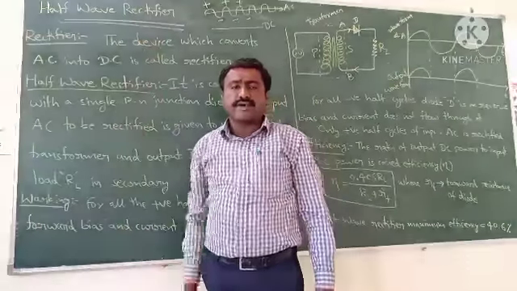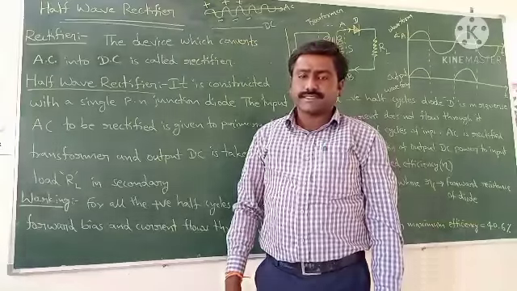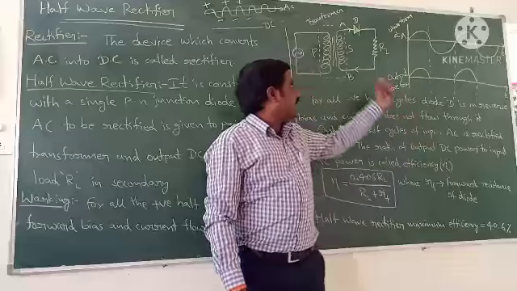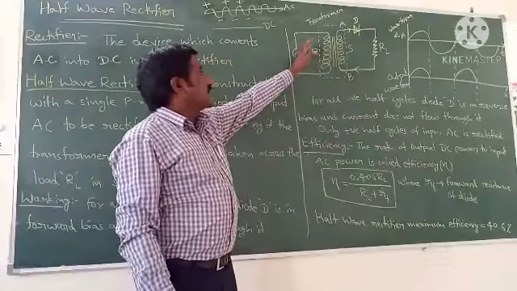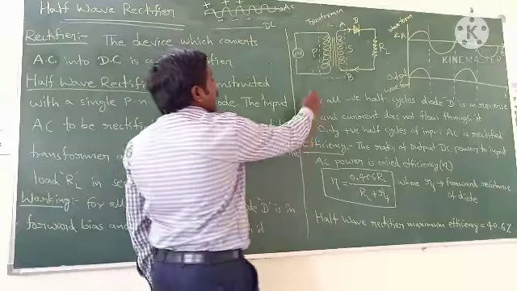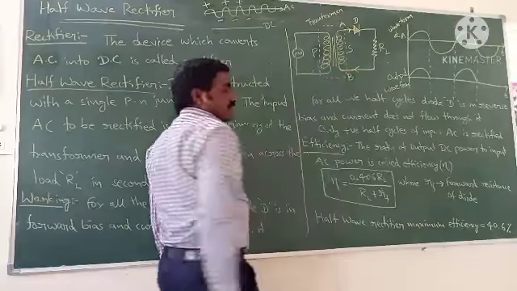So rectifier is a device which converts alternating current into direct current. And half wave rectifier, you can observe the diagram here. This diagram represents the half wave rectifier. Here, inside this dotted line you can find a transformer.